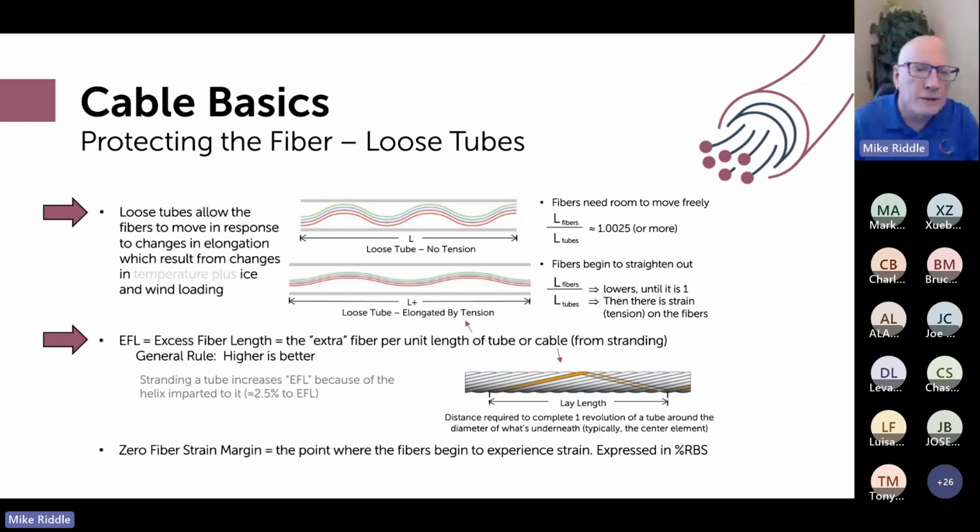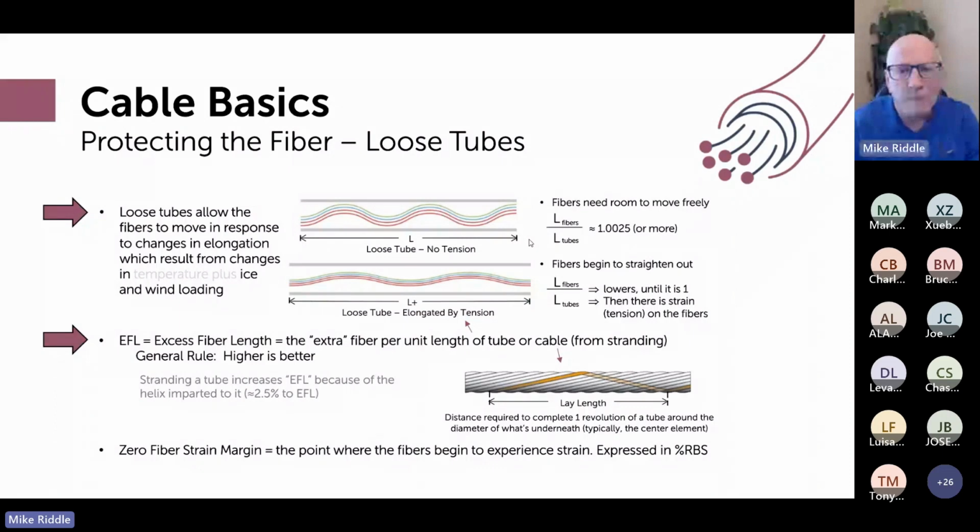And so that's when we say the fibers are now under strain. So this extra fiber per unit length of tube or cable, so you can use the term for both, is called excess fiber length. In general, higher is better.